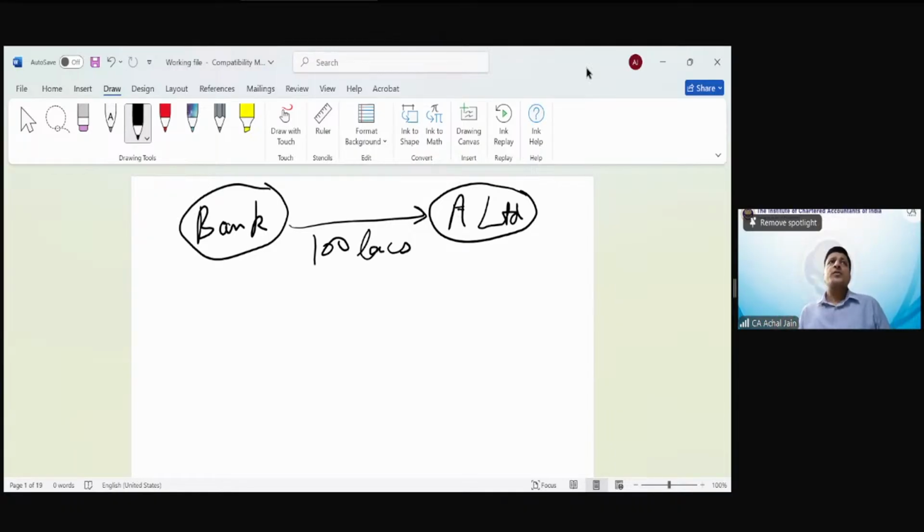What could be the concern on the part of the bank? If somebody reaches out to you and asks for a loan, what is going to be your concern? Rihanna says whether that will be paid back or not. Shreya says that in case there is a default by the borrower, there will be a bad debt.